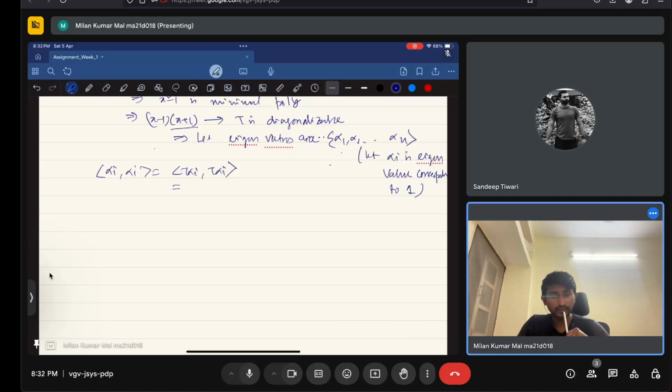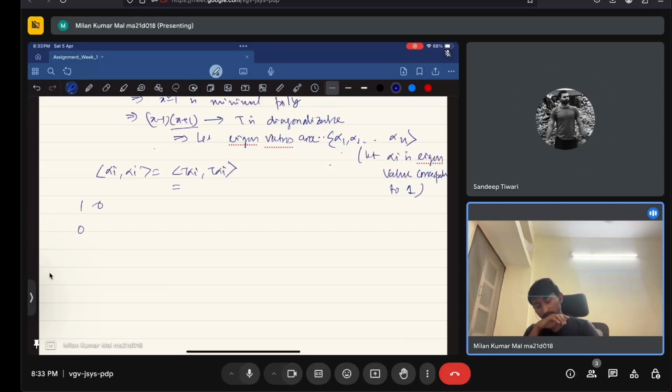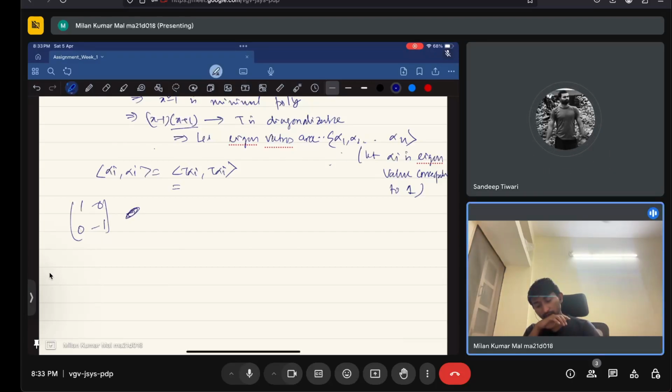Yes, sir, we get equality. For example, I am just taking the matrix 1 0, 0 minus 1. This is self adjoint, right? If I want to get an eigenvector, what will be the eigenvector? Let's take 2 0. This gives 2 0.